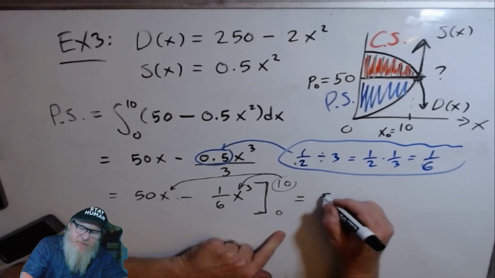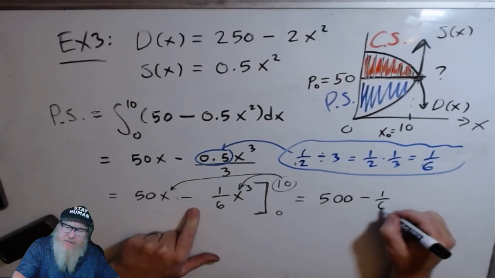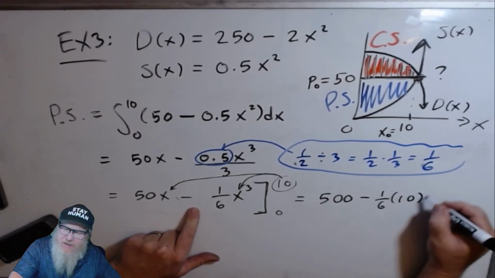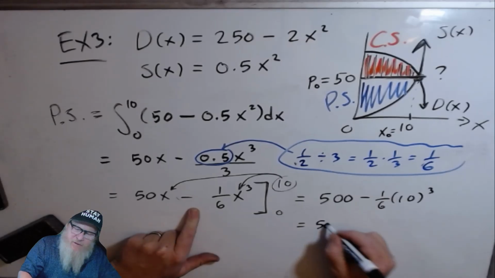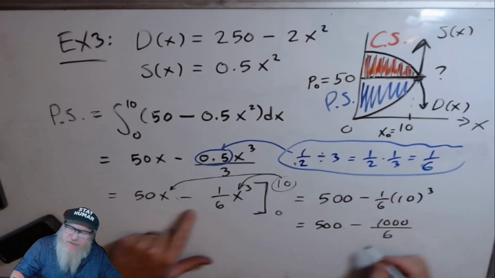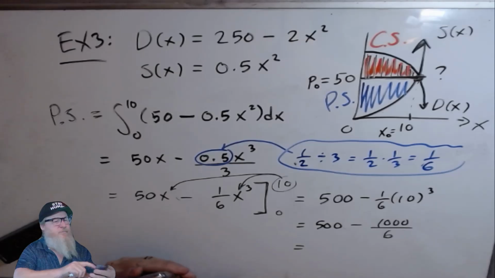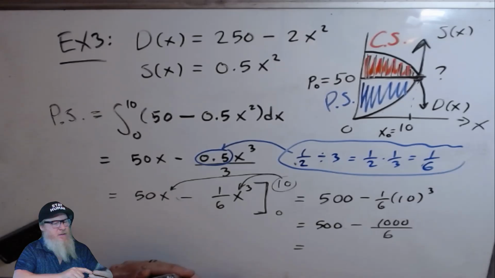Let's finish this off now. Plug in 10, you're going to get 500 minus 1/6 times 10 cubed, which is 500 minus 1,000 over 6. A 1,000 divided by 6.